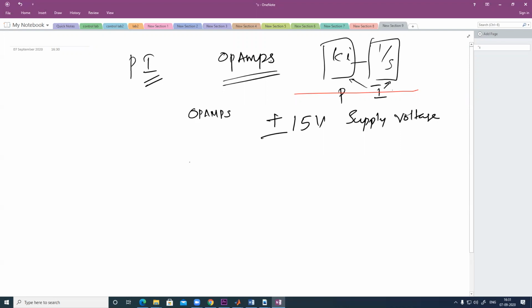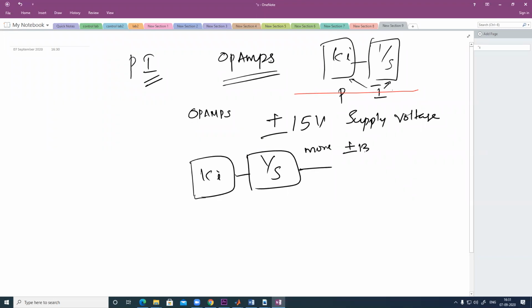So if your controller demands, or the controller derived, which demands more than this plus or minus 13 volt, it cannot supply.